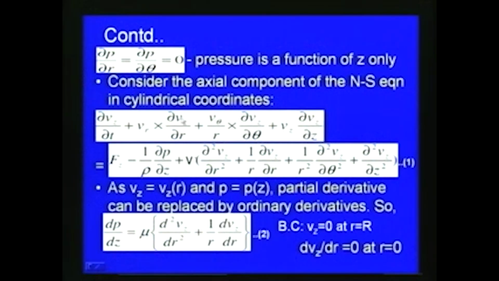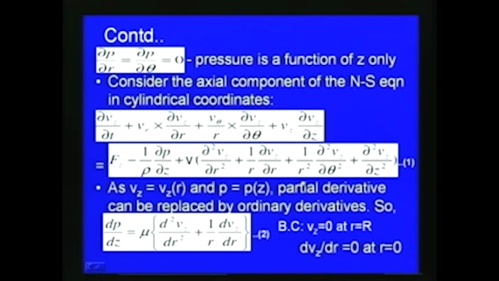It can be written as del V z by del t plus V r into del V z by del r plus V theta by r into del V z by del theta plus V z into del V z by del z is equal to F z minus 1 by rho del p by del z plus nu, the kinematic viscosity, into del square V z by del r square plus 1 by r into del V z by del r plus 1 by r square into del square V z by del theta square plus del square V z by del z square, where F z is the body force component for the problem considered.